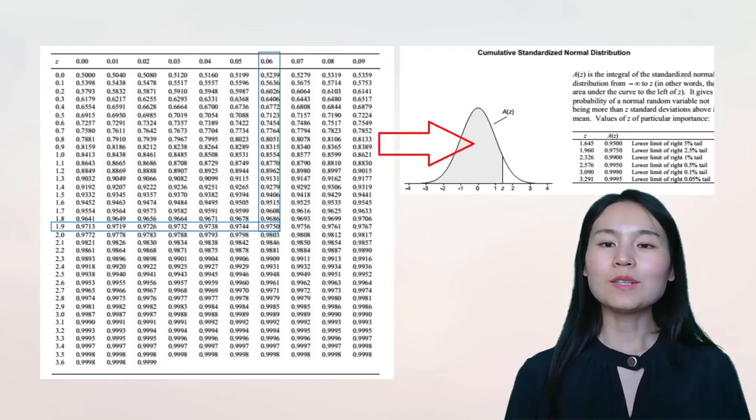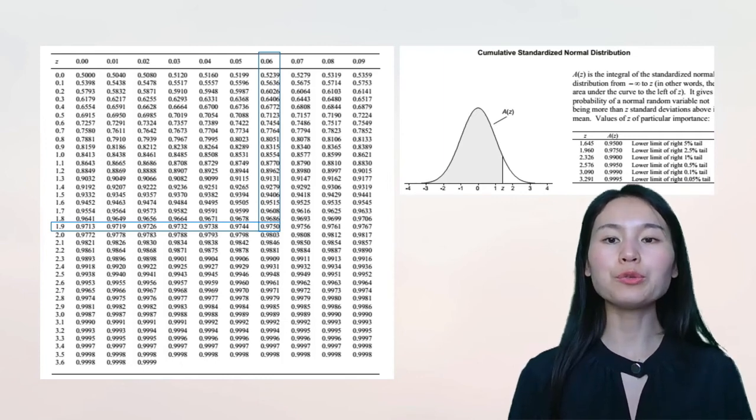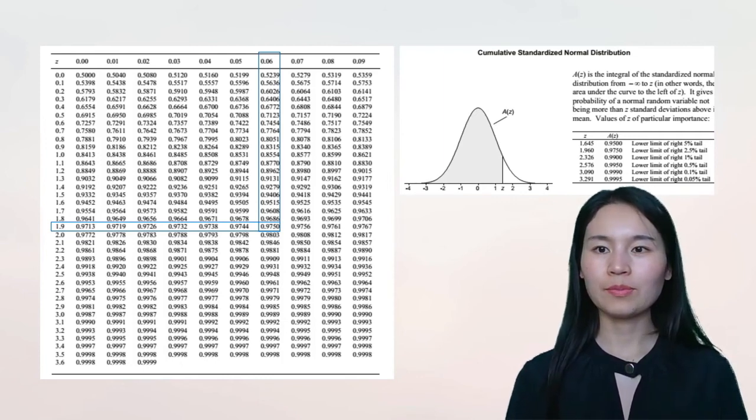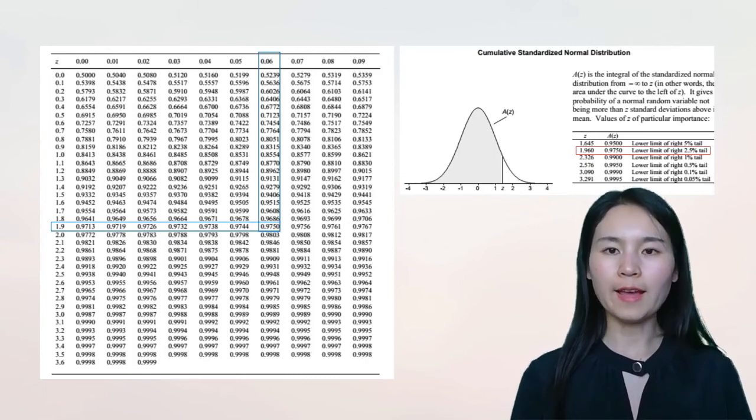So the area that is above is 1 minus 0.9750, which is 0.025. So this is the lower limit of the right 2.5% tail for this value.